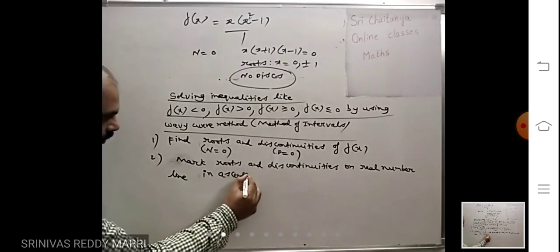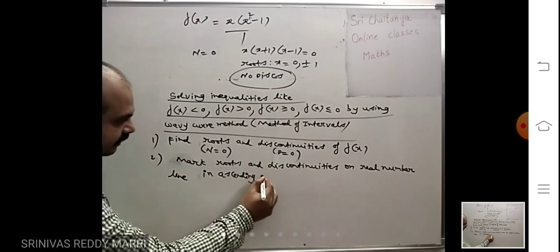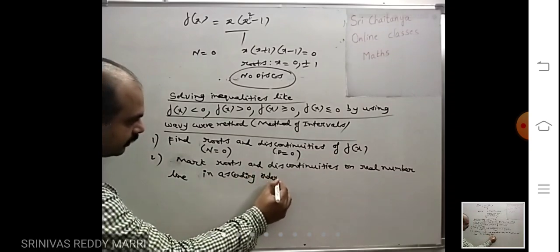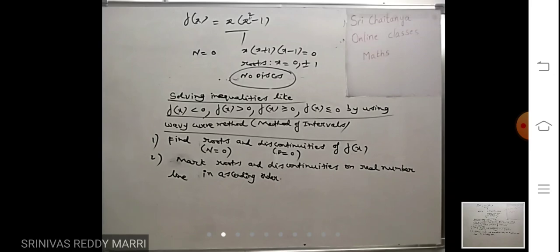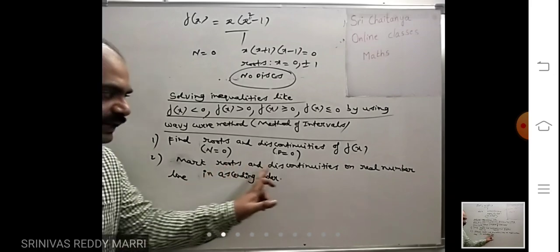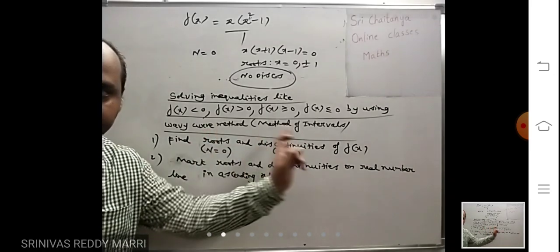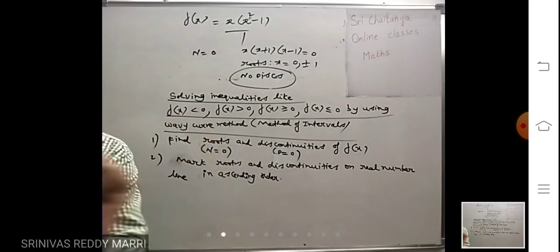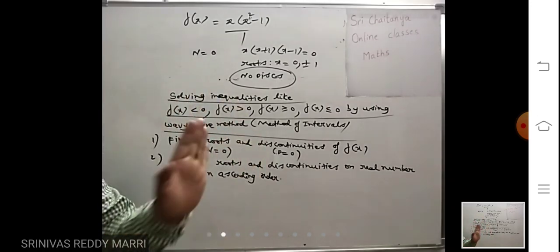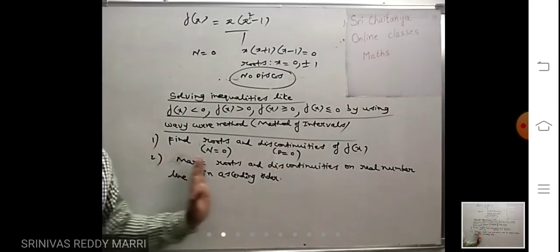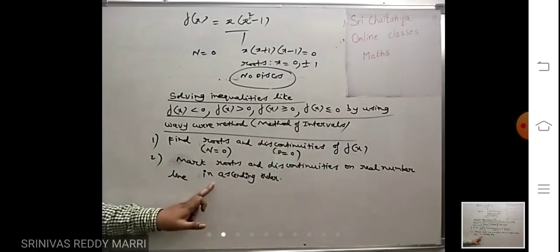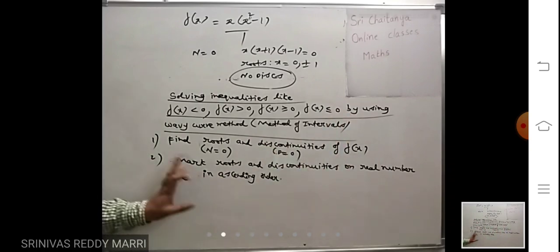Note down: in ascending order. Mark the roots and discontinuities, whatever you have calculated in the first step, on the real number line. That means all those numbers, whatever you got, mark them on the real number line in ascending order. Second step.